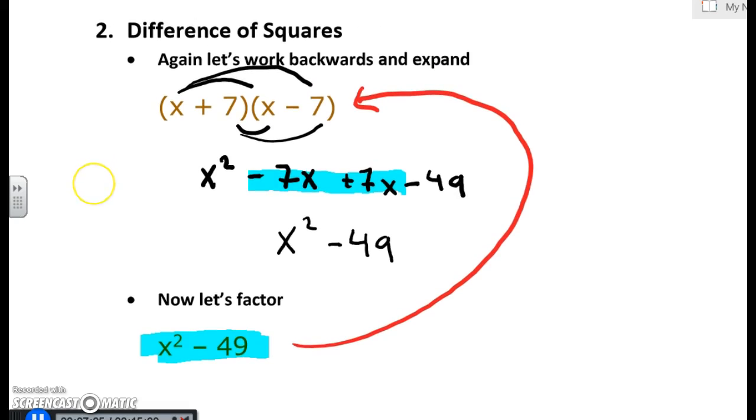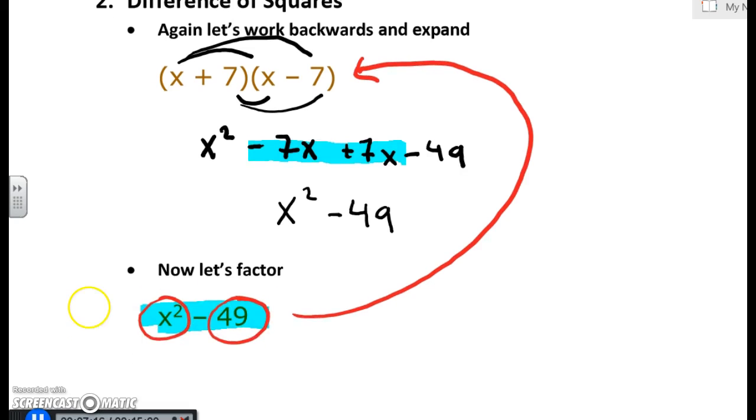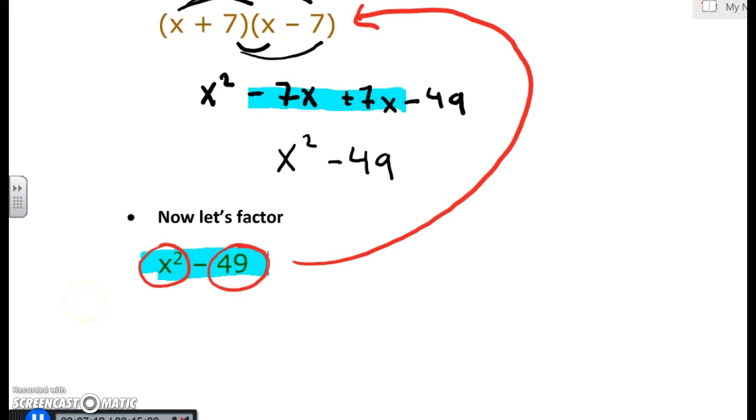It's easier to see than the perfect square trinomials because you are starting off with a binomial. You're starting off with two terms, 1, 2. And here's what you're looking for. You're looking to see that both of those terms are perfect squares. And yes, they are. X squared is a perfect square, and so is 49. So that's the first check. So I can maybe put here check number 1 to see if they're both perfect squares.